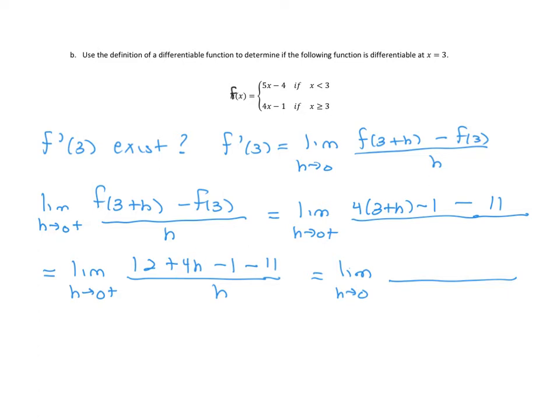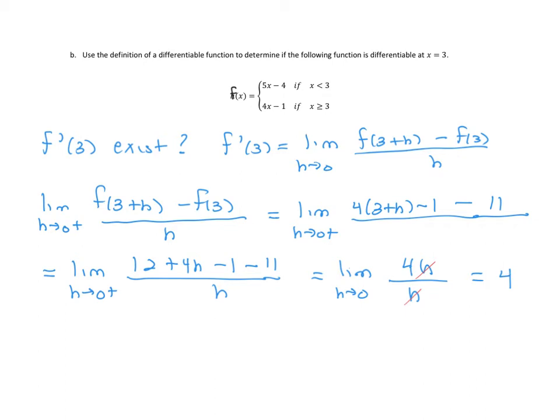So we're left with just 4h, and in the denominator, we already have an h. Since we can cancel the h's, this is the limit of just the number 4, and therefore the limit is 4. So when we come in from the right, the limit for this part of the derivative goes to 4.